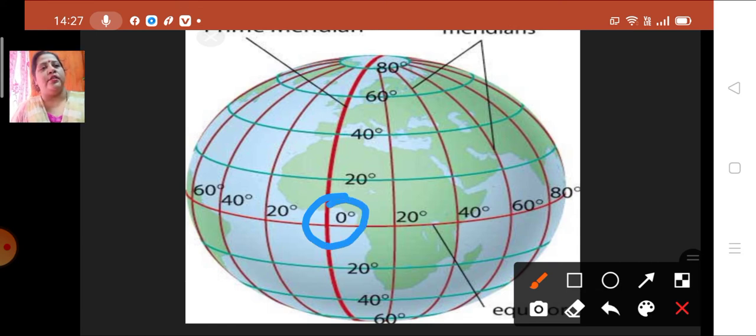Okay, this red color meridian which you can see over here is used to determine world standard time. And what do we call this meridian? We call it the prime meridian. And what are the other names for prime meridian? Greenwich Mean Time, that is GMT. Okay, children.